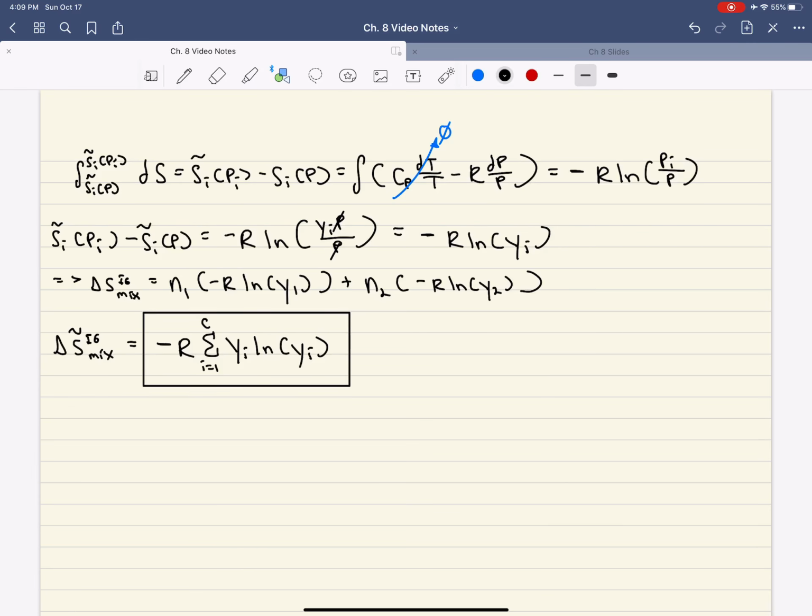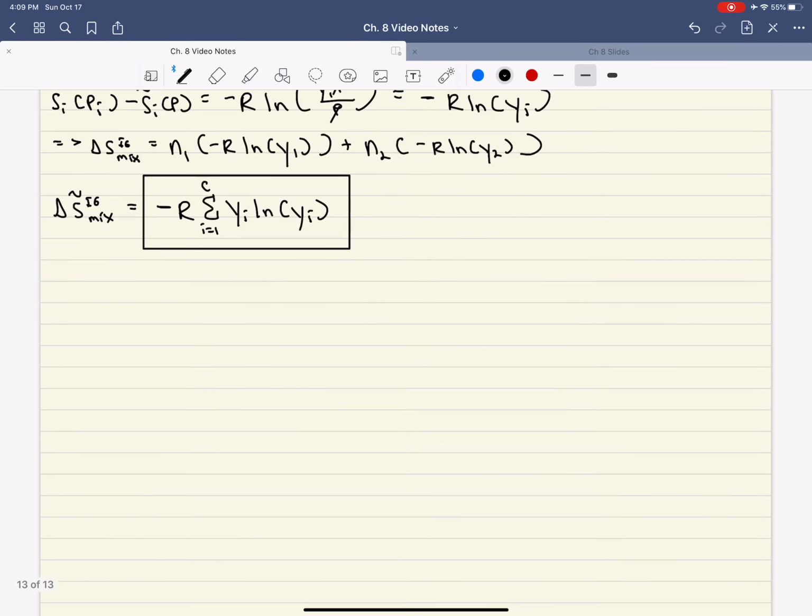All right, so we figured out both the enthalpy and the entropy. Now that we have both of those things, what we could also figure out is the Gibbs energy. Because we know delta G is just delta H minus T delta S. For an ideal gas mixture, delta H mix is equal to 0, so our delta G is going to be negative T times delta S mix, which we got here. So in the end, our delta G is just this.